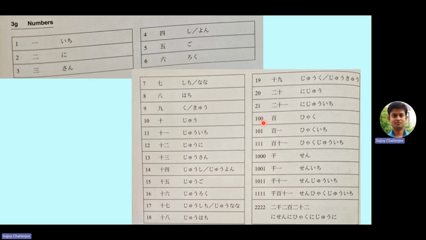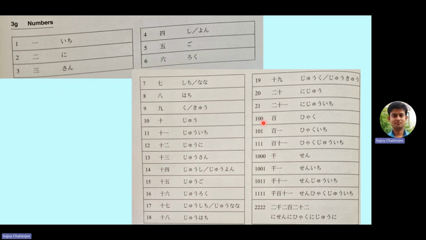But after that, when we write 11, we can reuse the symbol of 10 followed by the numeral for 1. So in that way, 10 and 1 will make 11. This is the most fundamental concept and the most basic difference between the Japanese counting system and the other counting systems across the world.